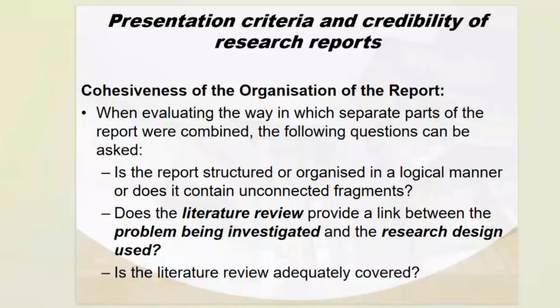Does the literature review provide a link between the problem being investigated and the research design used? We know that you've got two types of literature review. The one is at the beginning, at the introduction, where you do your background as part of a preliminary literature review. But detailed literature review is done in chapter 2.